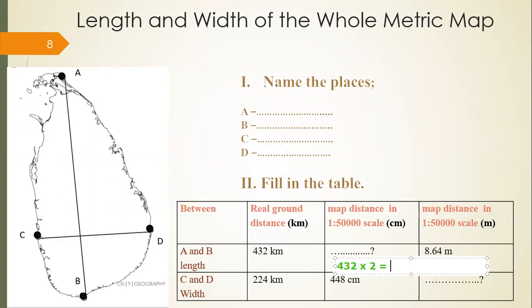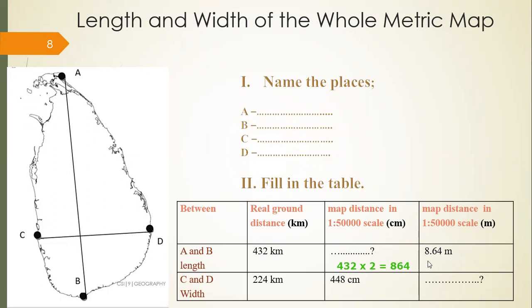It's equal to 864. That's the distance. So then 864 centimeters. Usually centimeters over 100 should be converted into meters. Then 864 centimeters are converted as 8.64 meters, because you have to divide by 100 to get meters.